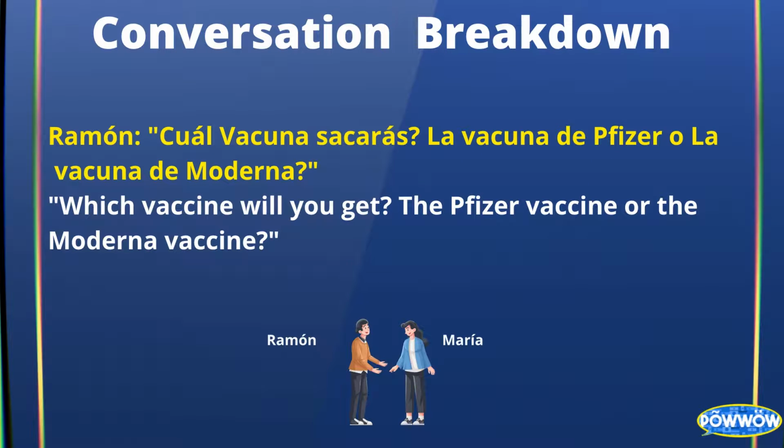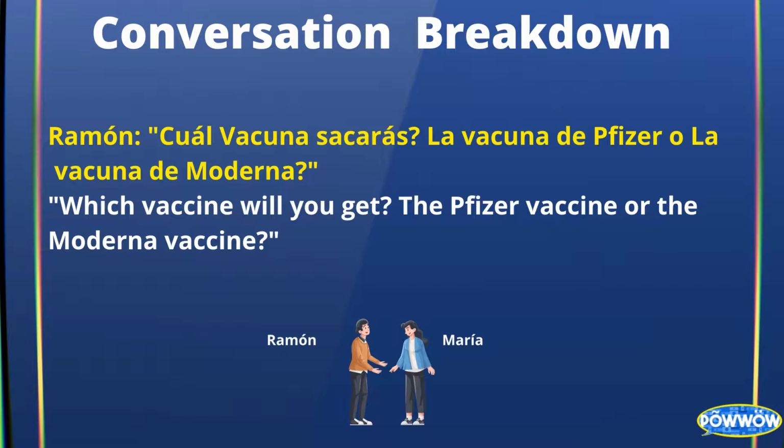Then we have the question here, ¿cuál vacuna sacarás? So ¿cuál vacuna, which vaccine, and then sacarás is the second person future tense of the verb sacar, which means to get. So sacarás means you will get or will you get.